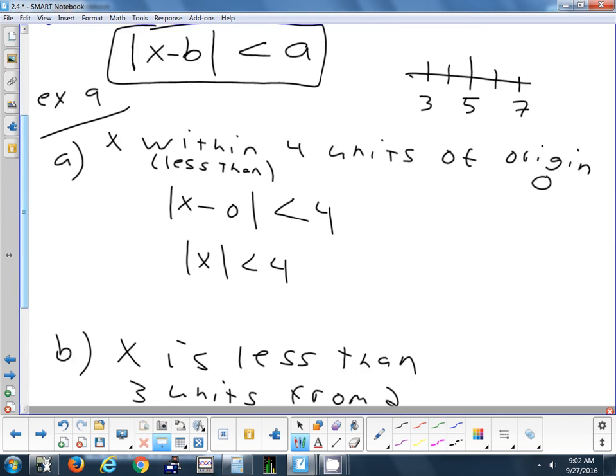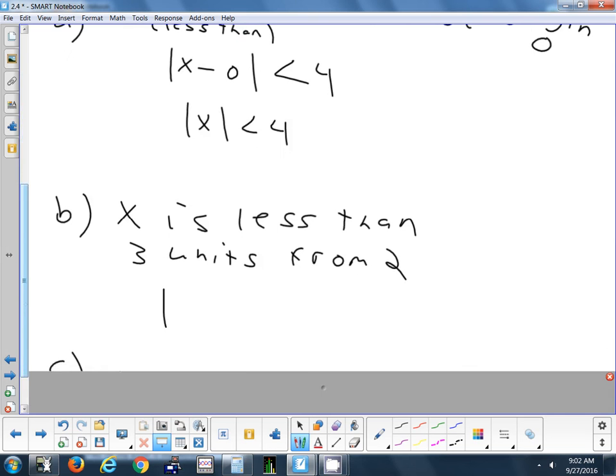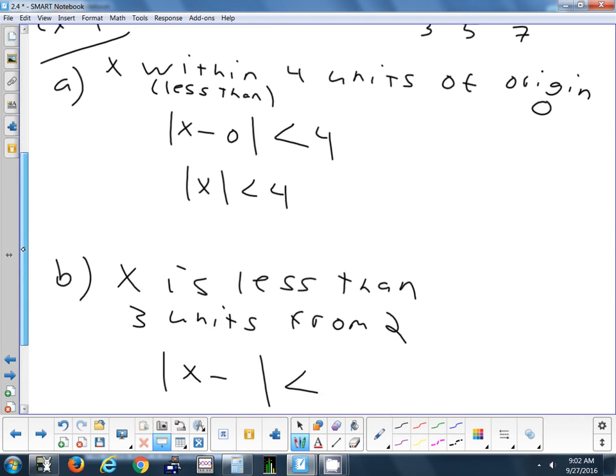Okay, how about this one? X is less than 3 units from 2. Where does the 3 go, and where does the 2 go?